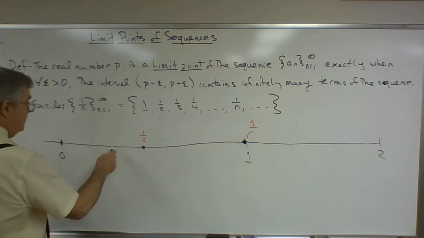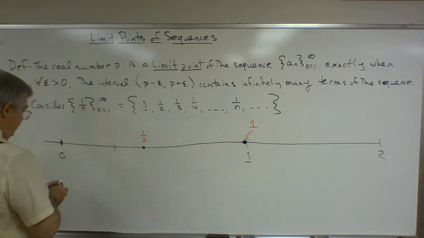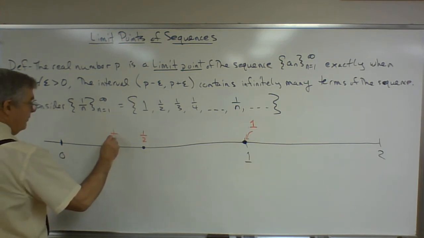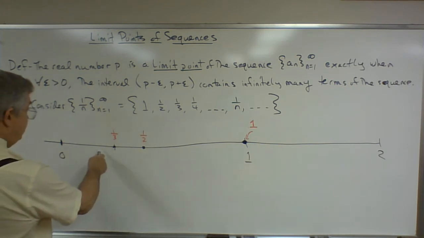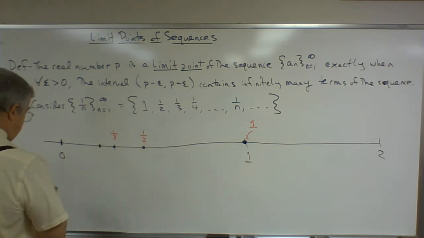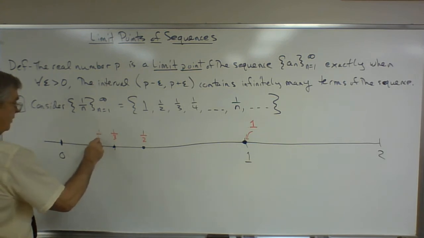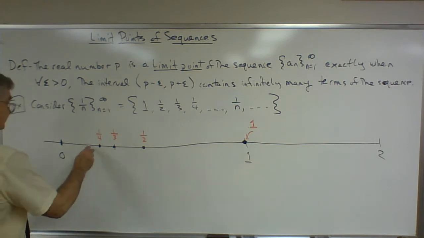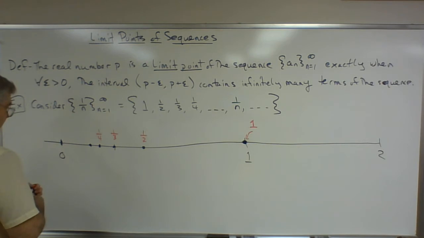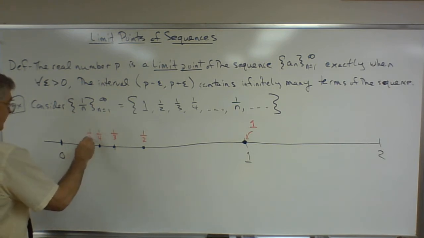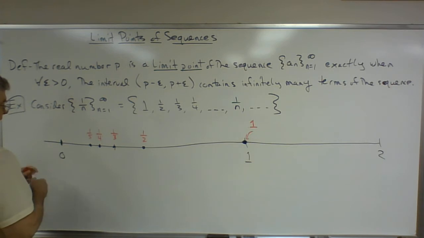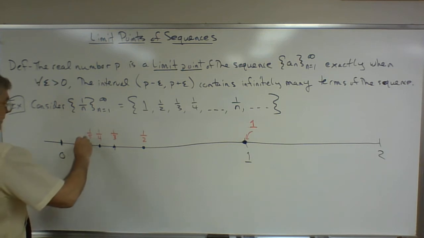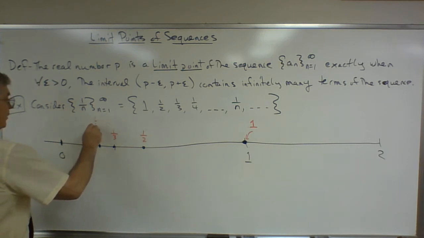And our third term, 1/3. Our fourth term is 1/4. And our fifth term, let's say 1/5. And then the sixth term, 1/6.